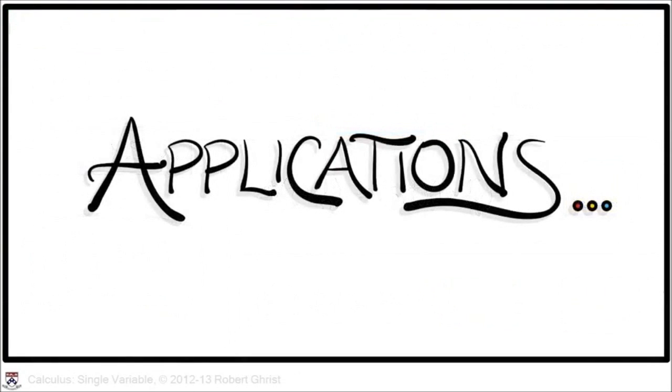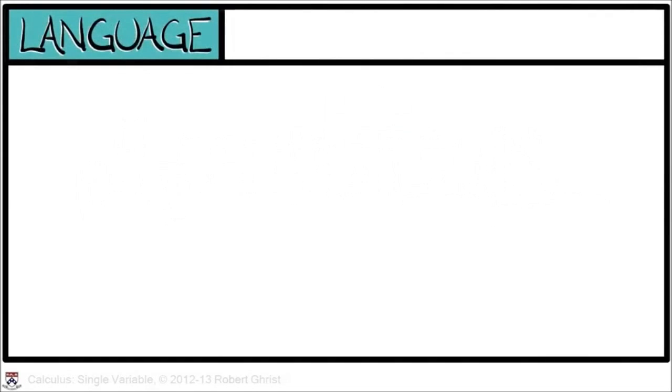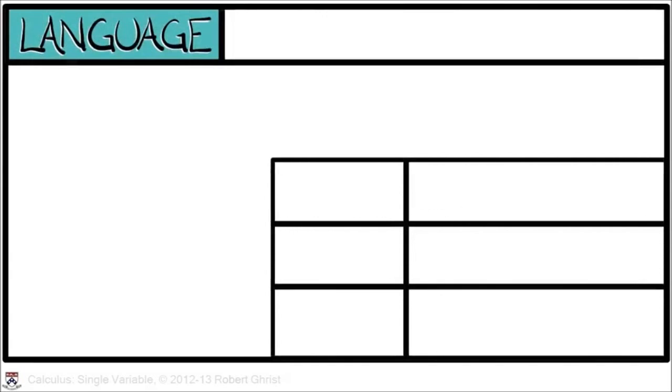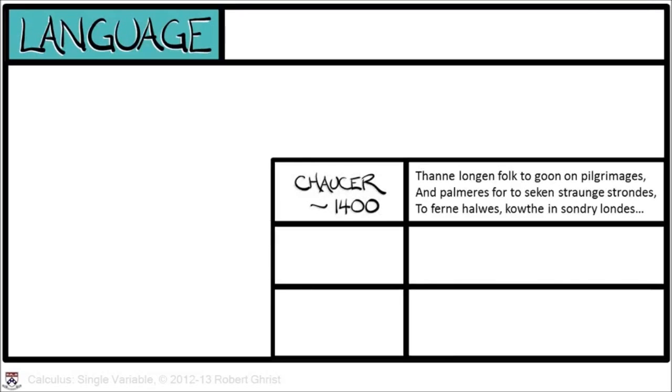Now, there are many applications of this equation that go far beyond radioactivity and population and money. Let's look at an unusual one coming from linguistics. If we read English poetry from antiquity, we'll see some unfamiliar words. If you look at Chaucer, the Canterbury Tales, many of the words are unfamiliar to us.